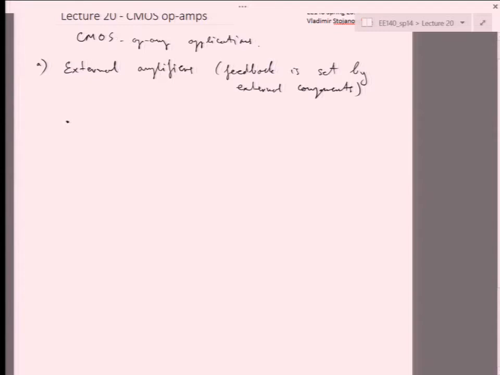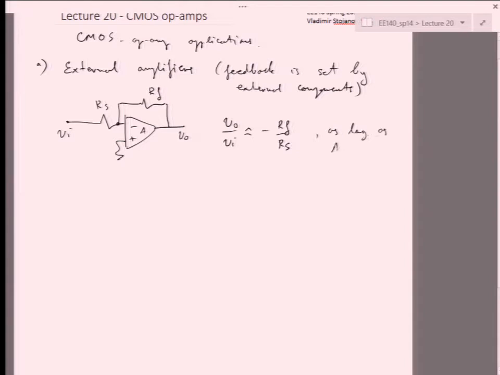For example, we can have something like this. It's an inverting amplifier. There will be some finite gain A in that op-amp, but largely the gain of this amplifier will be set by the ratio of RF to RS, as long as A is large.